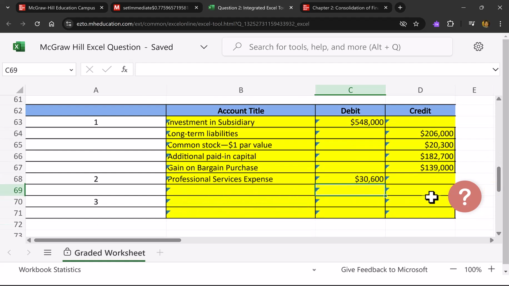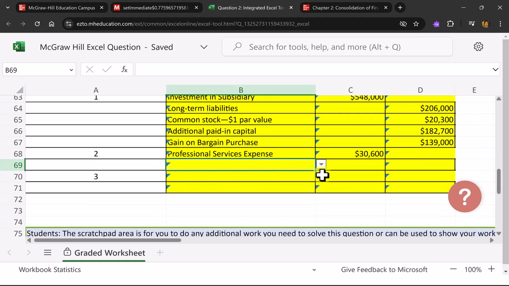And then we paid for it, so that's a cash credit. Now, where do I go? I can't type in the number. Can I just grab this, or do I have to go back up again? Let me go back up.